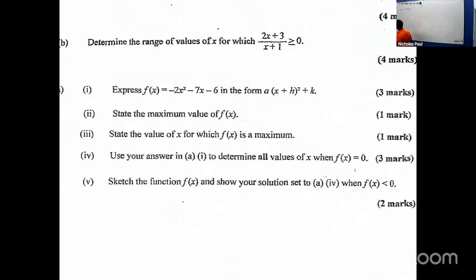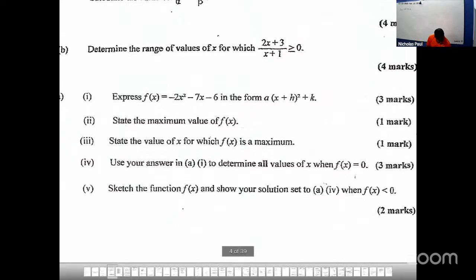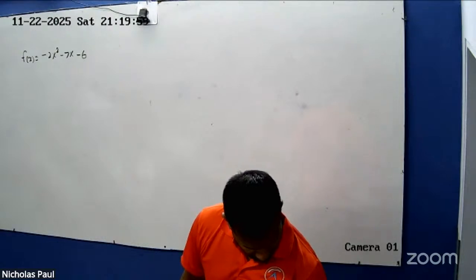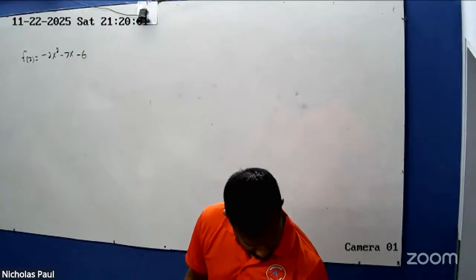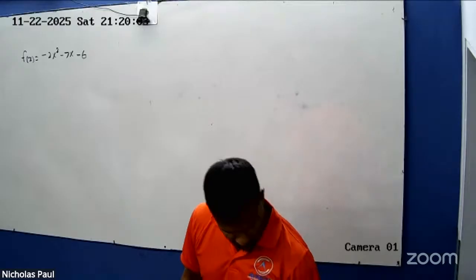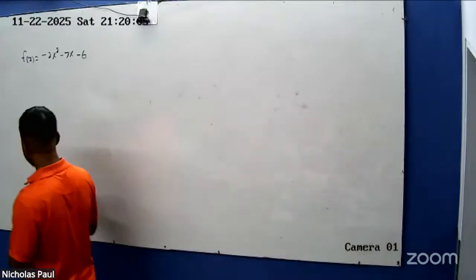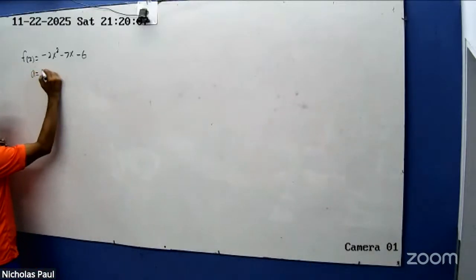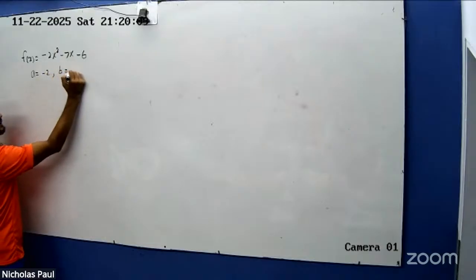So complete the square, and they want the maximum, the x value, the x-intercepts, and then sketch. So we're going to complete the square first.